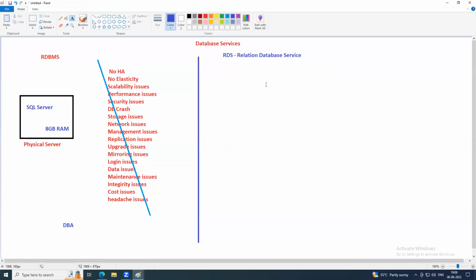Relational Database Service is completely managed by AWS. All these issues, you will not get anymore. If you get them also, who is handling all these issues? AWS. So that's why an AWS engineer also will go and set up the databases.